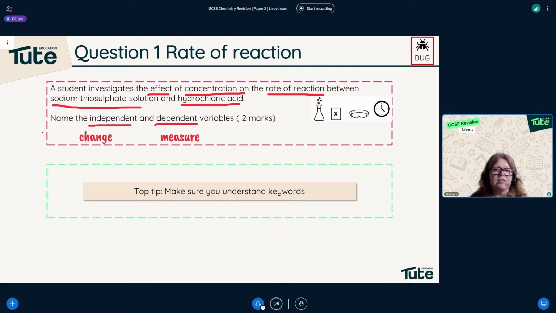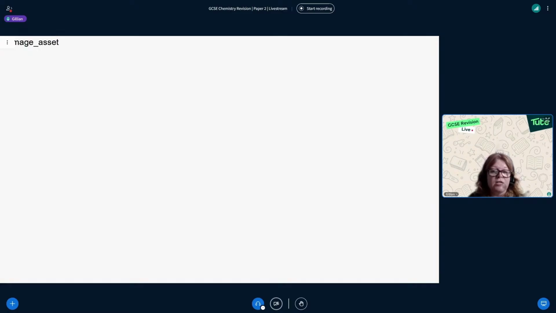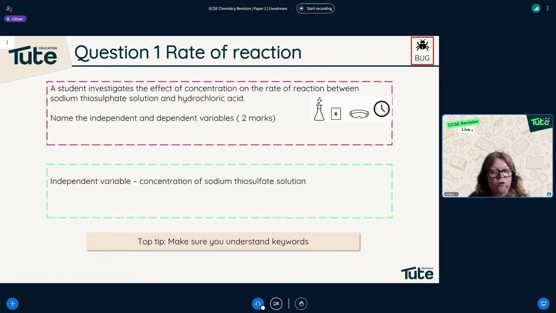The student investigates the effect of concentration on the rate of reaction, so we are changing the concentration of the sodium thiosulfate solution. What are we measuring then? We're measuring the rate of reaction, and remember, we're actually measuring the time taken for that cross to disappear, for that cross to no longer be seen.